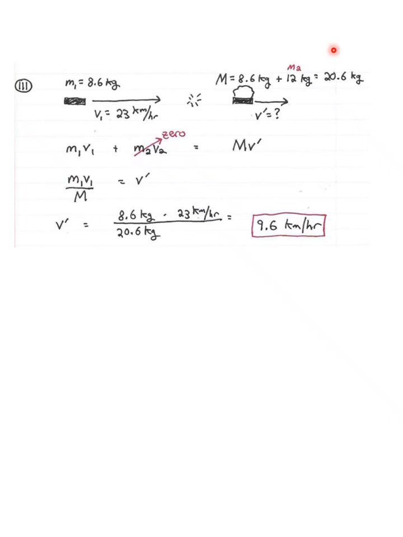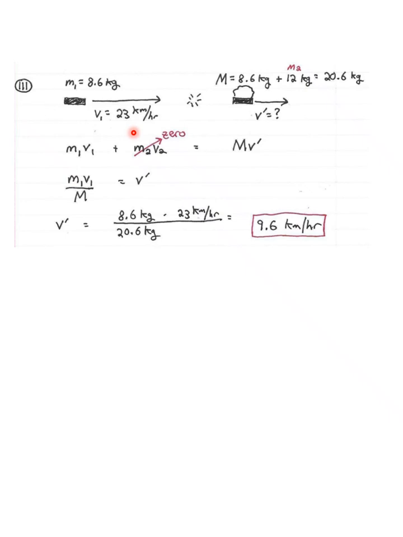Let's do conservation of momentum. And so we have the momentum of the toboggan, M1 V1, plus the momentum of the snow. Now, the snow did not have any momentum in the x direction. Because we treat x and y separately, we're only concerned about the x direction.